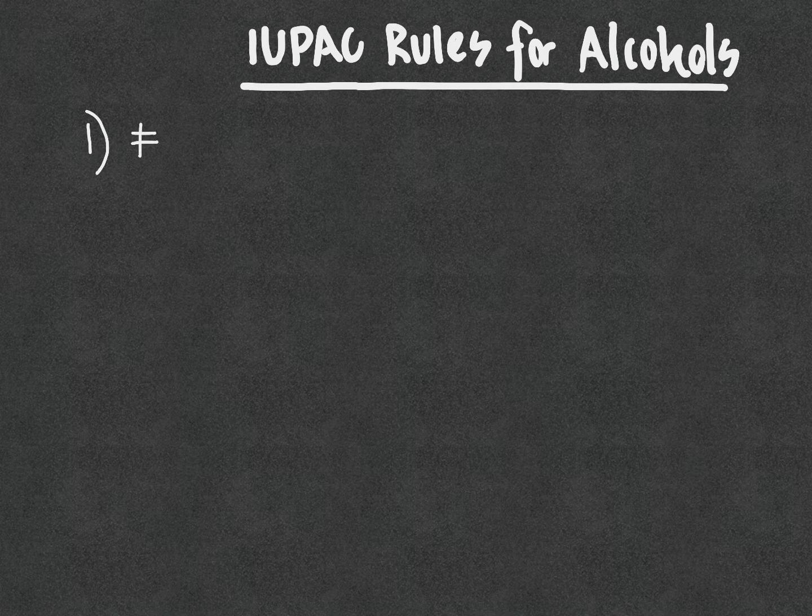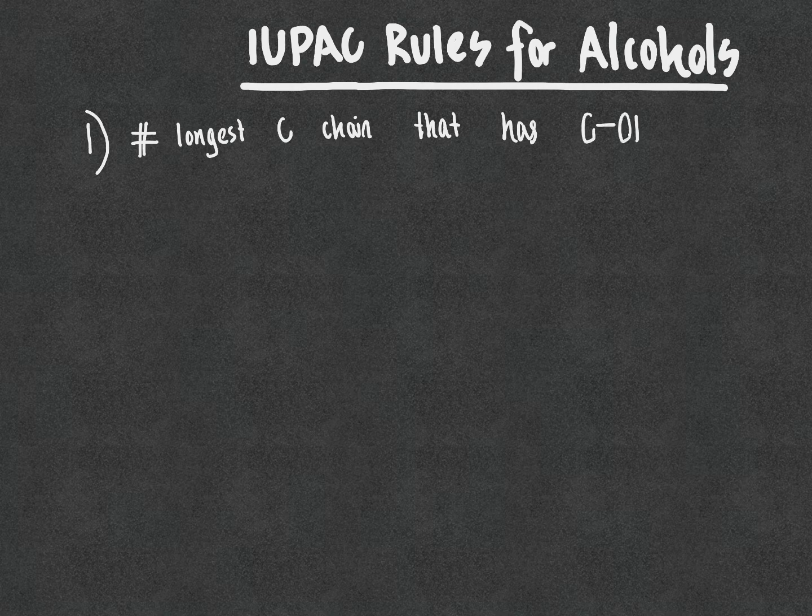We're going to number the longest carbon chain that has that carbon that's directly bonded to the OH group in that longest carbon chain. We'll number from the end of the chain that is closer to that COH group.